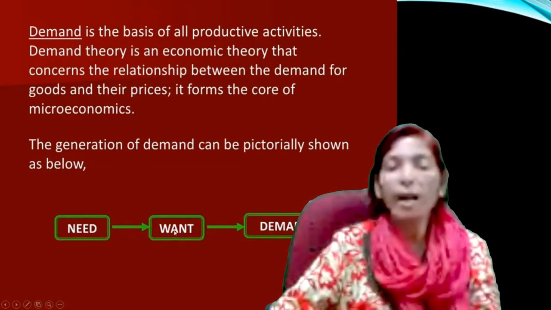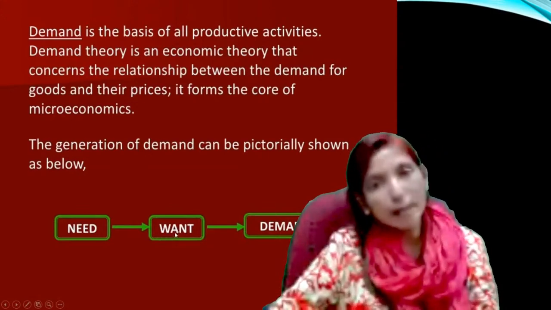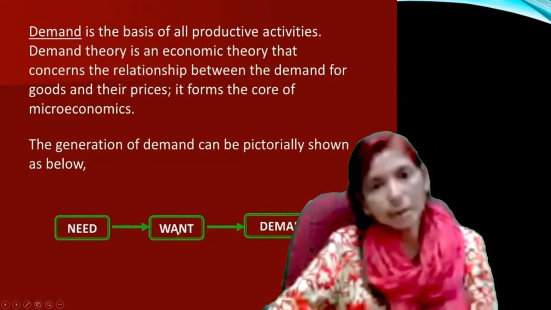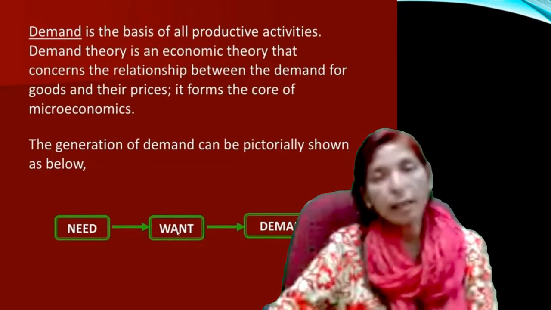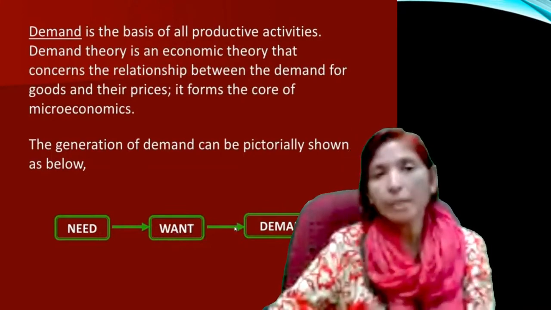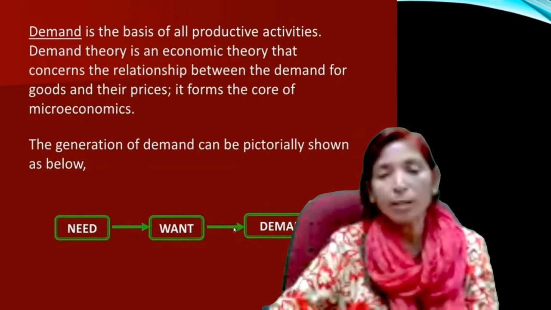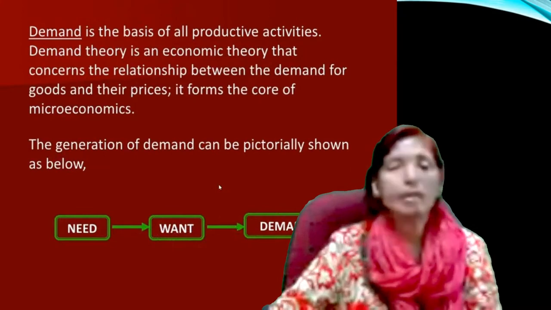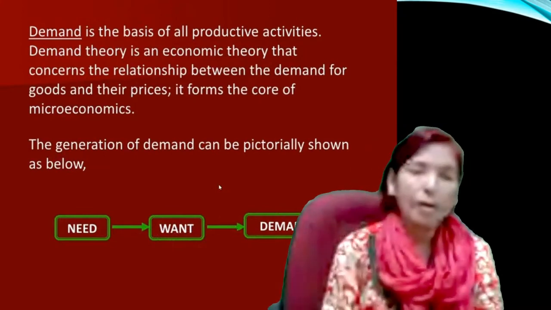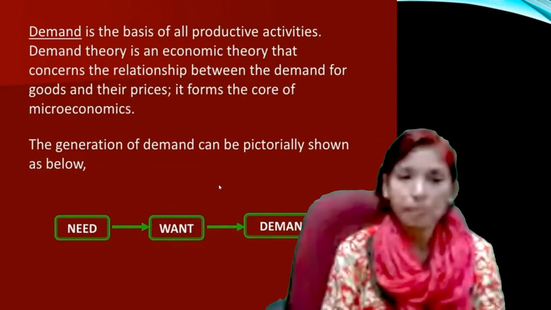We want to buy that commodity, and if we want to buy it, then demand will occur. Demand will be present in the economy, and then the producer will take steps on that particular demand. The producer will produce goods and services according to the demand generated by the country's people.